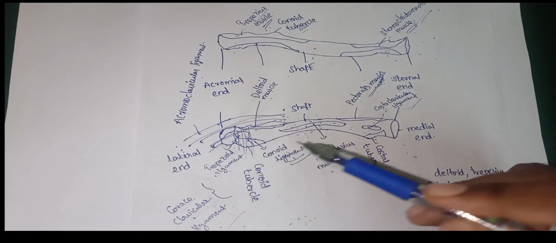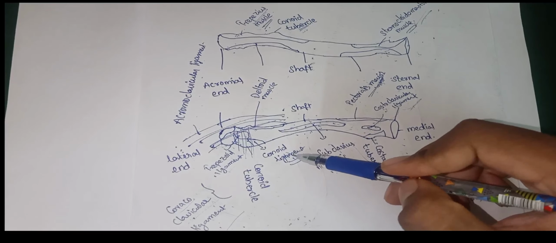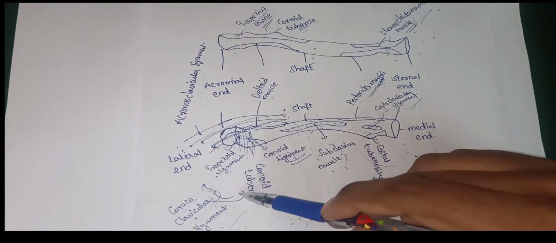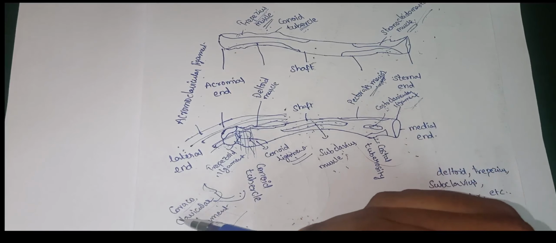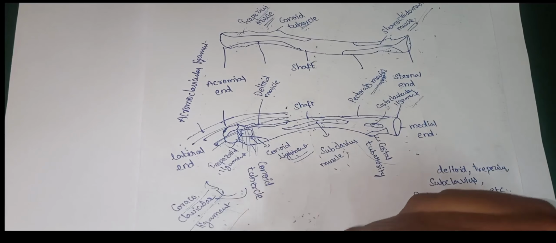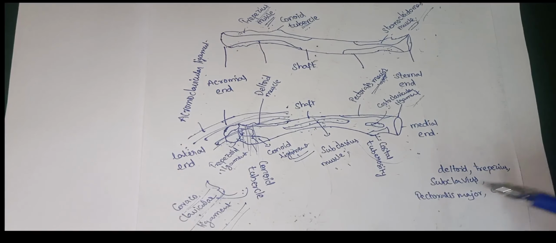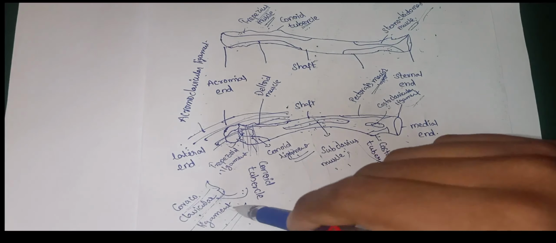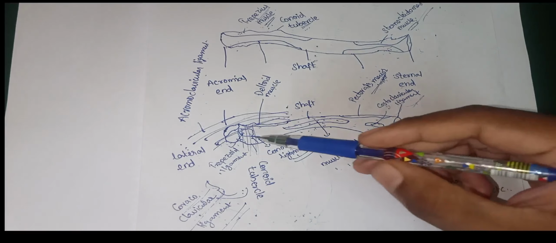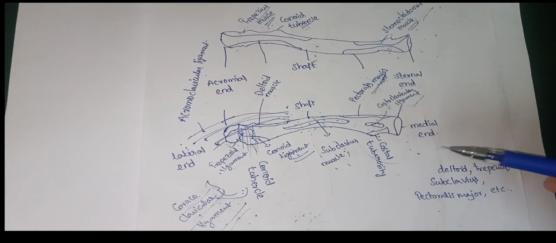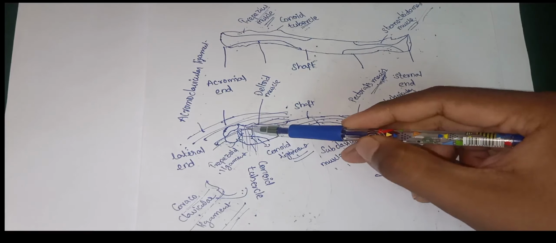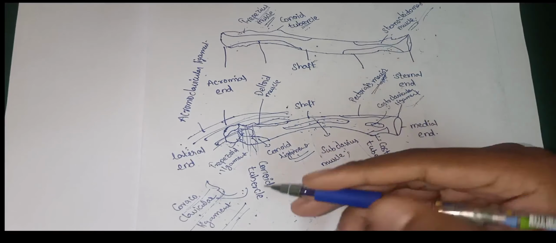Both combine to form the coracoclavicular ligament. Understood? The coracoclavicular ligament runs from the clavicle to the coracoid process.